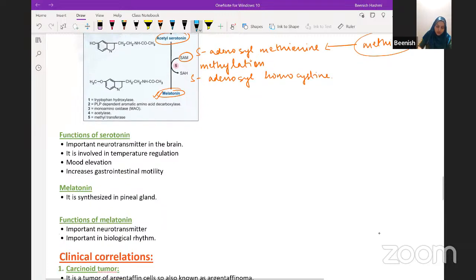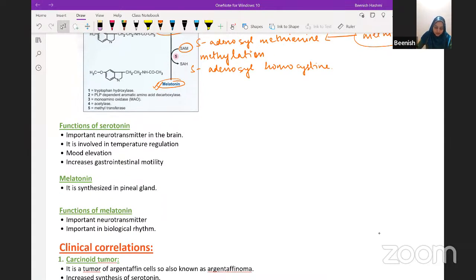Now moving on to the functions of serotonin. It is an important neurotransmitter in the brain. It is involved in temperature regulation, mood elevation, and increases gastrointestinal motility. Mood elevation, how?